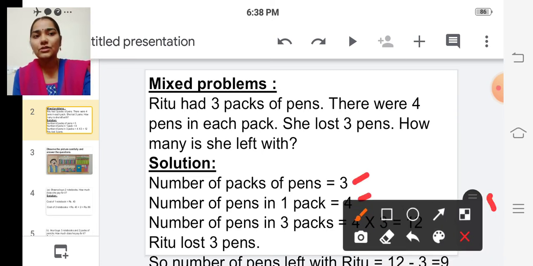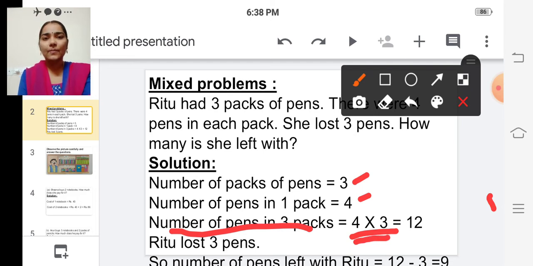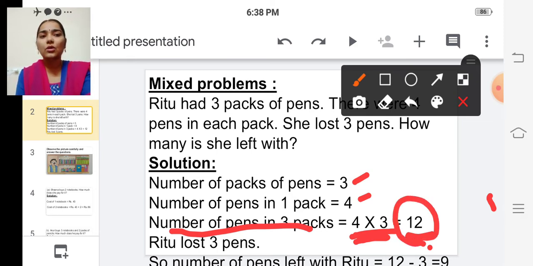So, number of pens in 3 packs is equal to 4 into 3. And you know the multiplication table, isn't it? So, 4 threes are 12. So, we got the total number of pens in 3 packs.